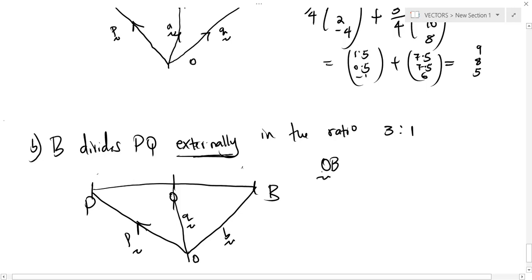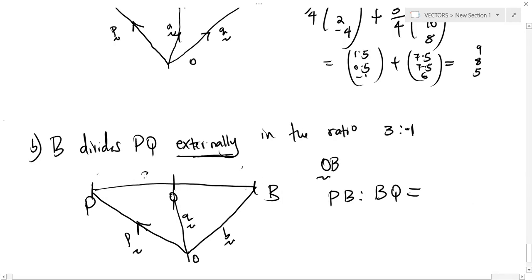So OB, clearly we can see PB to BQ is in the ratio, PB, so how many units, as we were told? 3. In the ratio 3 to -1, clearly it's externally. So in the ratio 3 to -1. So PB will be going 3 units.